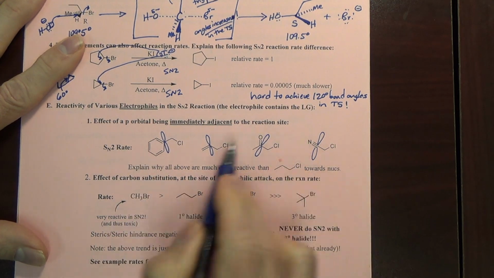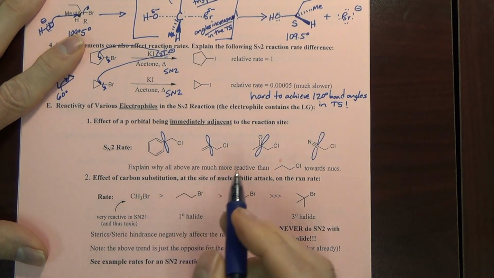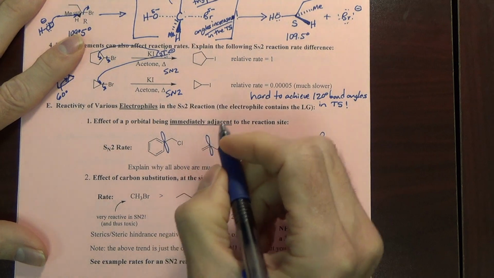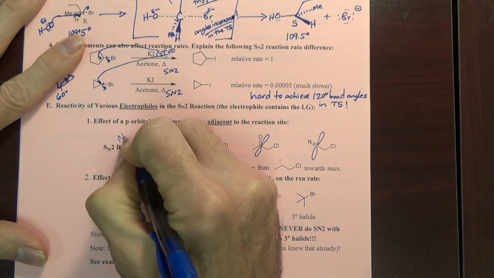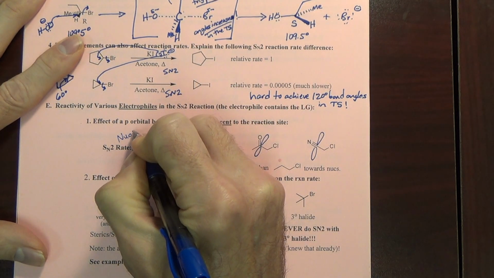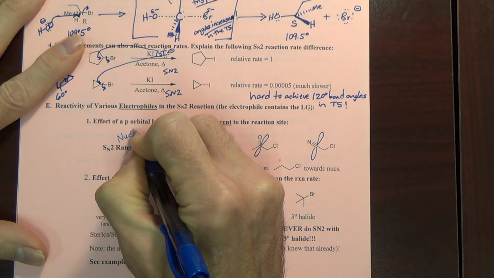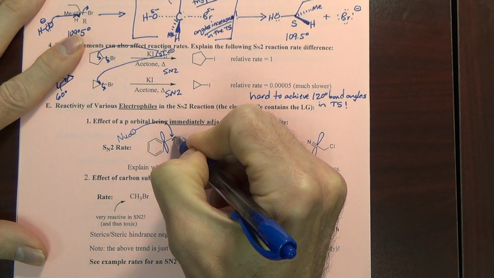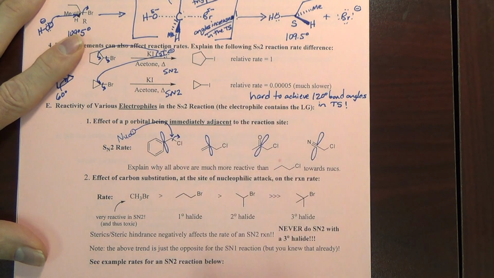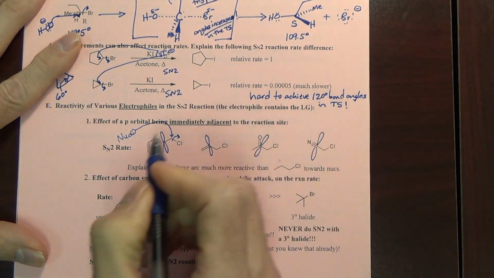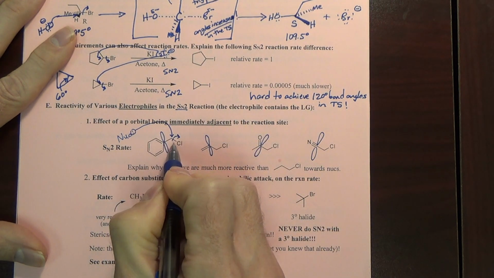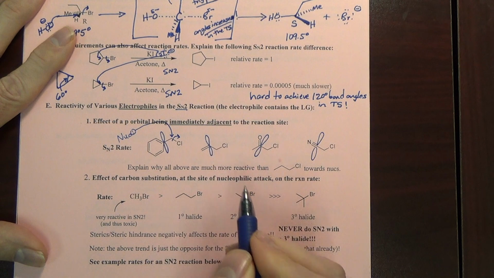Now, why does the p orbital adjacent to the reaction site make these more reactive? So we have a nucleophile, it's going to have a lone pair, may or may not have a charge. This comes in, kicks that off. Okay, we're focusing on SN2, so it's a concerted backside attack, kicking off the leaving group.